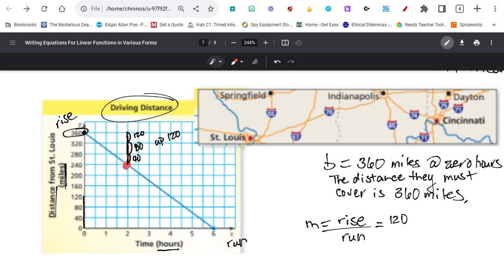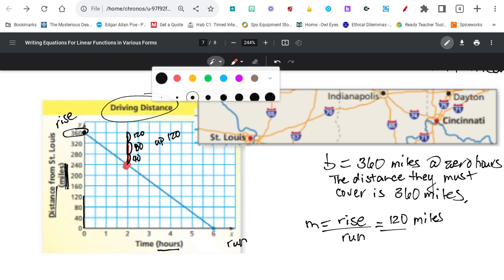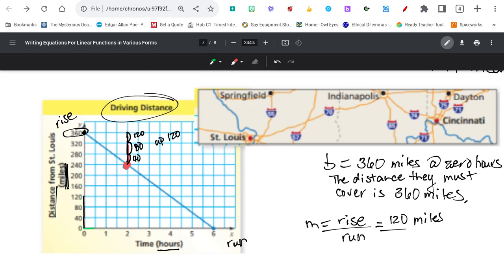So it's positive. And I'm going to go ahead and put the unit for the y-axis for the rise. So that's 120 miles. And then the run, I'm running to the left. Let's see if I'm running to the left. If it's by 1. So let's see. To get from 0 to this one, that's 0.5. That's a half. 1. That's 1.5. 2. 2.5. 3.